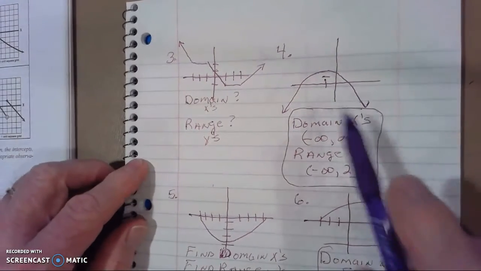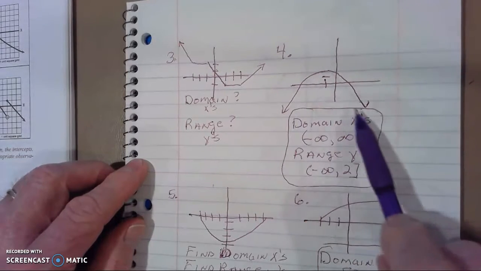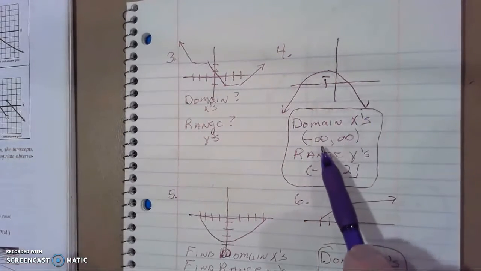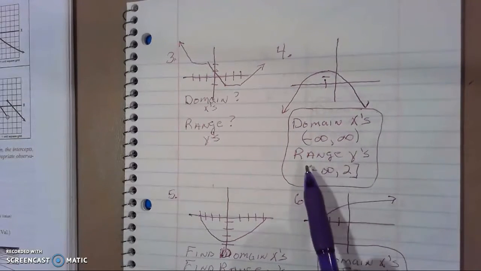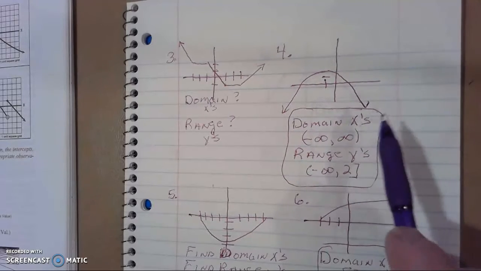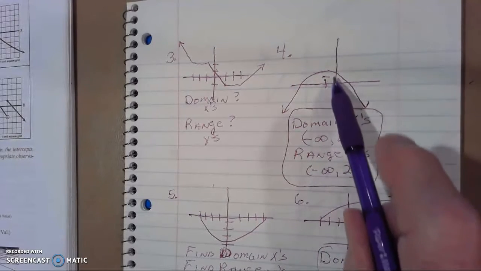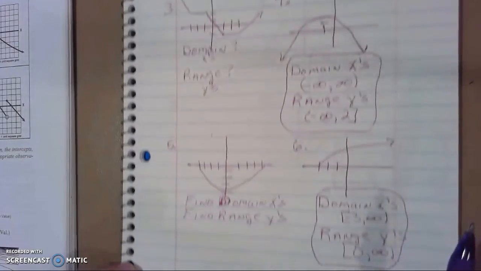Number 4, I've drawn out here the domain. No, it goes forever to the left and forever to the right and doesn't skip anything. So the domain is -infinity to infinity. The range is the y coordinates. It goes down forever, so that's -infinity, and then it goes up to 2 there, stops at 2.